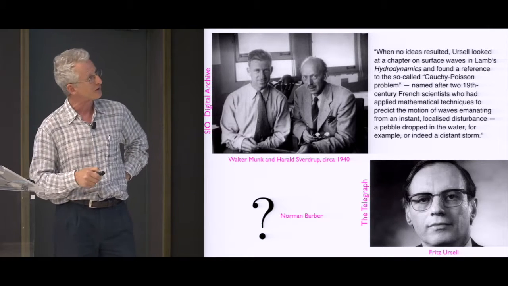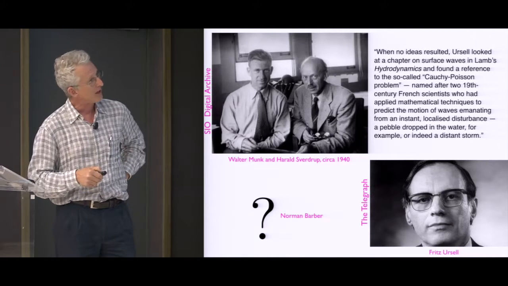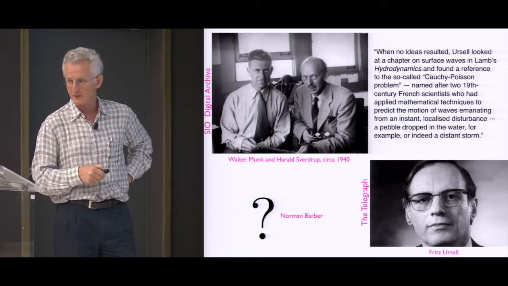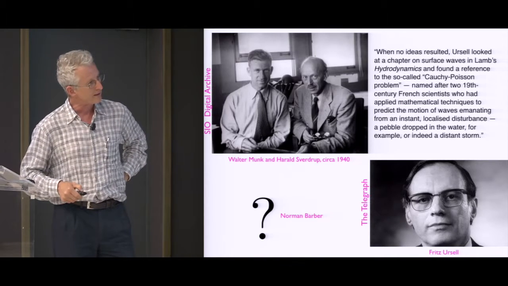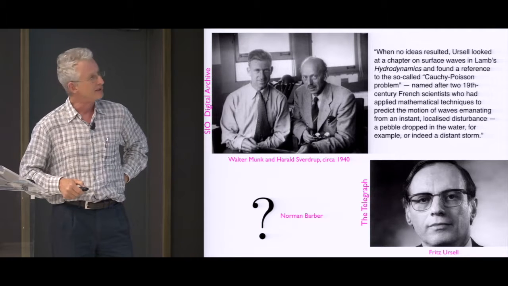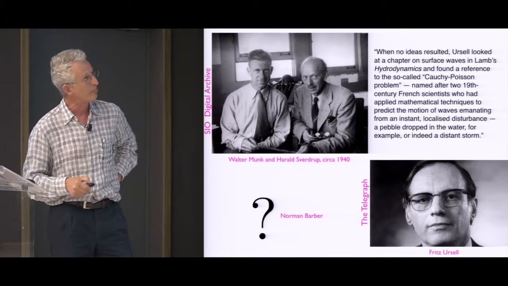So these guys, with the exception of Sverdrup, who was about 40 years old, I think they were all about 20 years old. So Fritz Ursell was born in 1923 in Dusseldorf and escaped Germany and worked in Britain during the war.